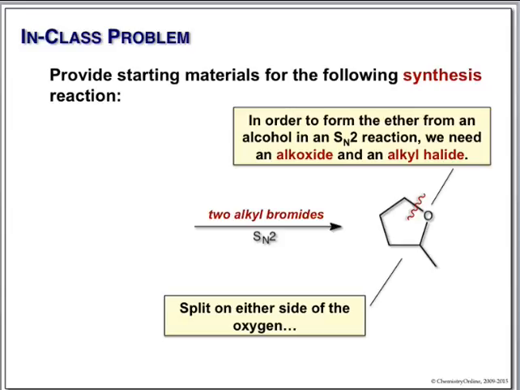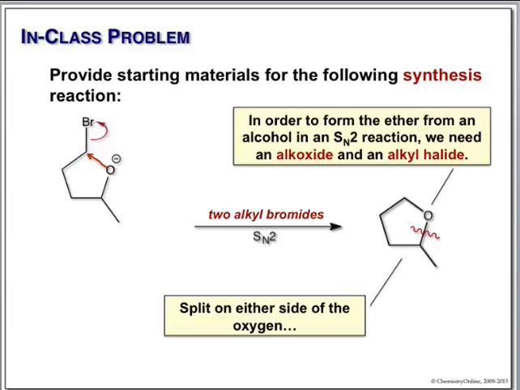So, the molecule would look something like this. Alkoxide half, and our leaving group up here. Reaction, oxygen simply attacks, and bromine leaves. Now if we split on the other side, we're splitting down here. This was the alkoxide.